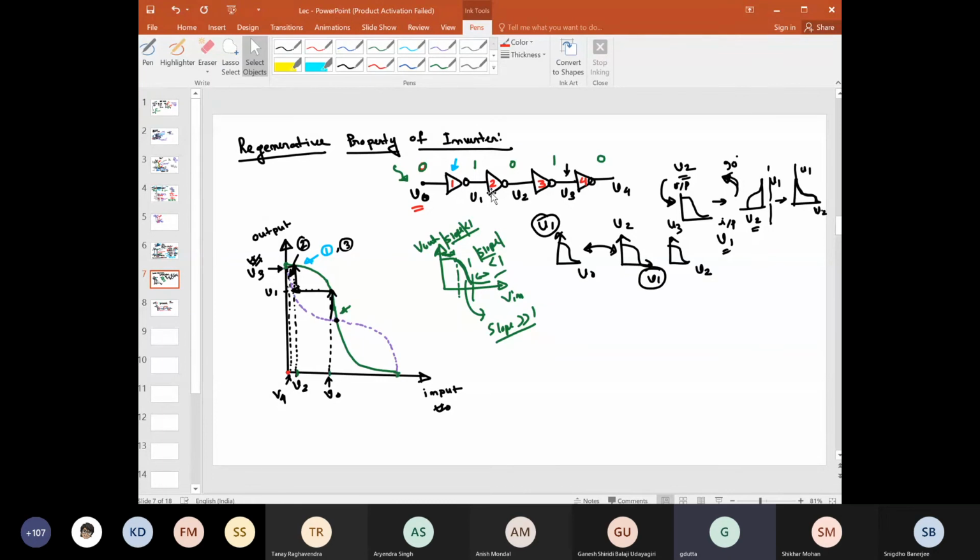It is the point where Vout is equal to Vin. So if you interchange, then obviously they will cut at the right point, because if we have to plot this one, then this input will go here and this output will come here. So they will cut at this threshold voltage point only. Right. Okay.